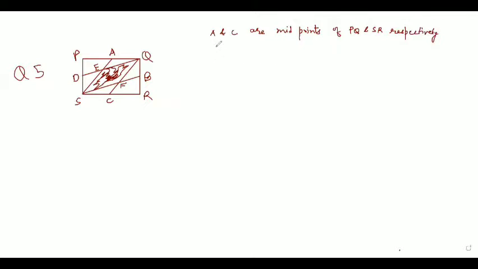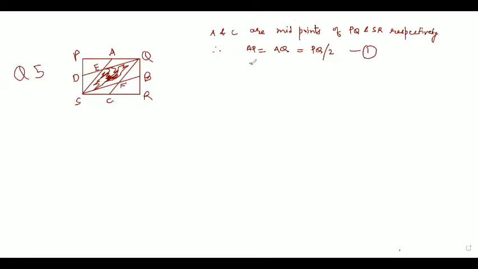Therefore, AP equal to AQ, which is PQ divided by 2. This we will make as the first statement.